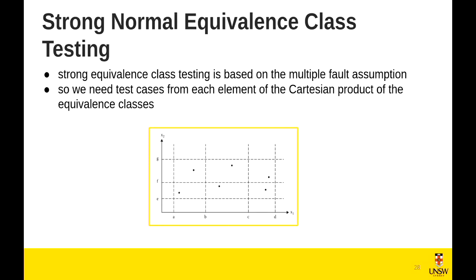And now let's continue to the strong normal equivalence class testing. Strong normal equivalence class testing corresponds to worst case boundary value testing. That means that we remove the single fault assumption.